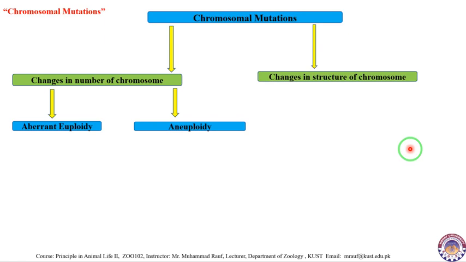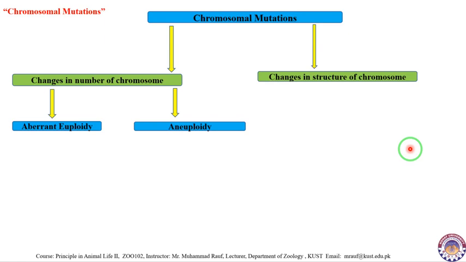Suppose a human sperm has n number of chromosomes and a human ovum has n number of chromosomes. When they fuse together, they form 2n, 46 chromosomes. But what will happen if two sperms fertilize an egg at a time?